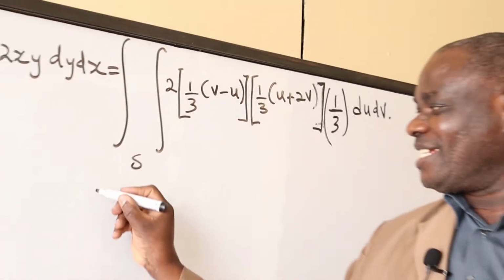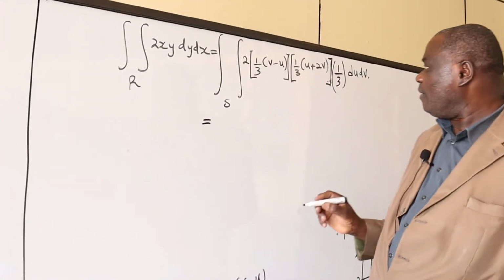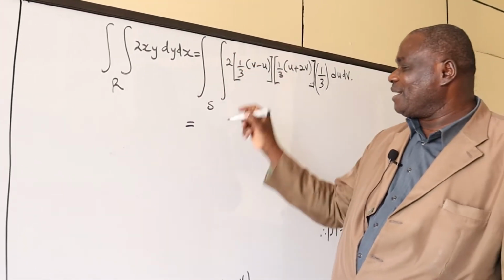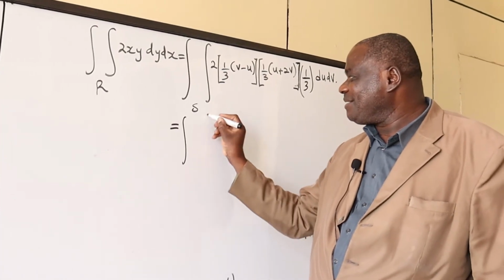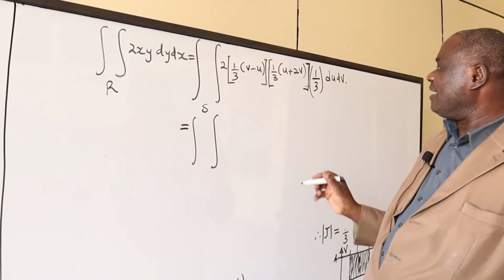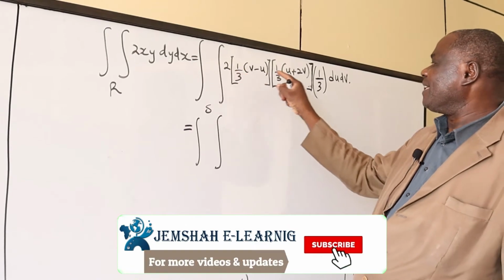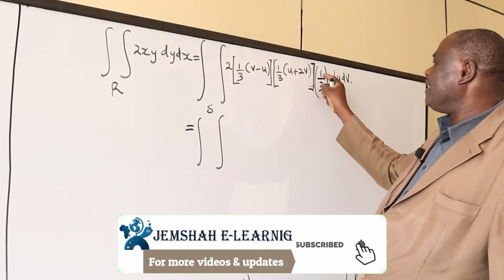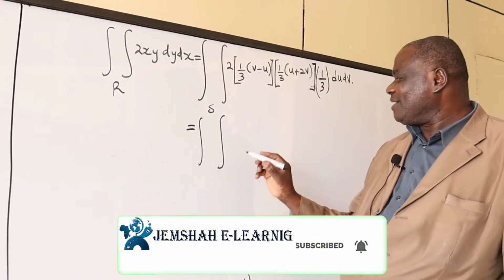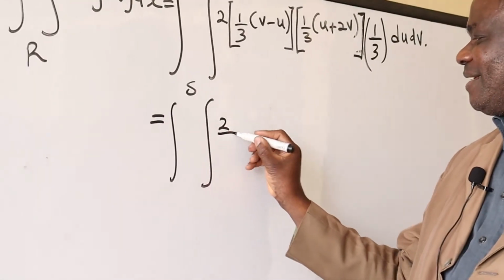Now when this is evaluated, we want to put limits. Now we insert our limits. 2 over 3 times a third times another third is 2 all over 27.